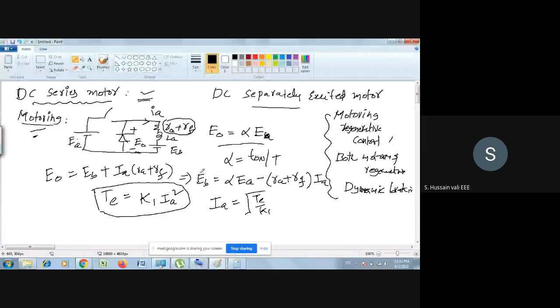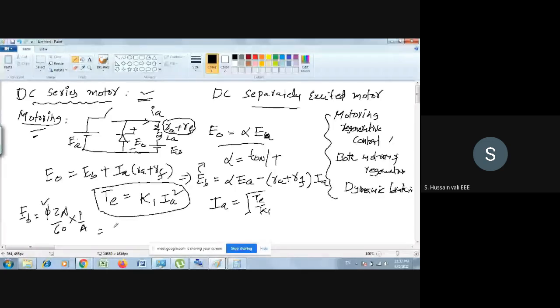And one more thing: how can I write EB? EB can be written with some constant K. You recall EB is equal to pi ZL by 60 into phi N. This we have seen. How can you write this here? This flux depends upon armature current, in case of the DC series motor.